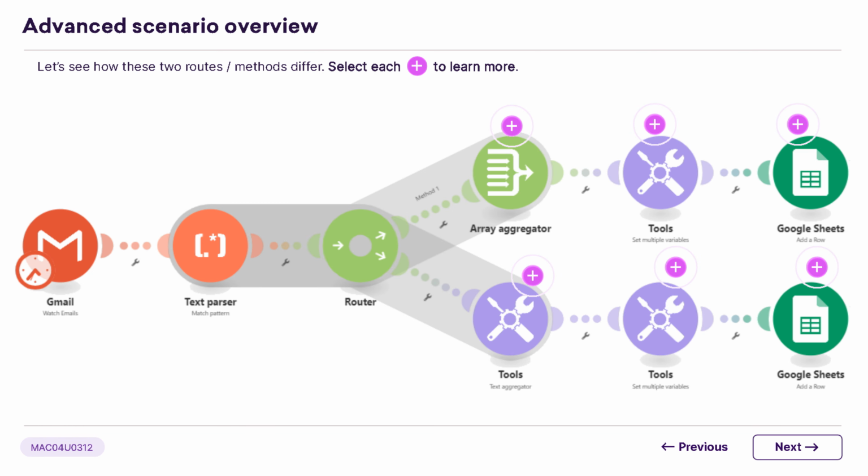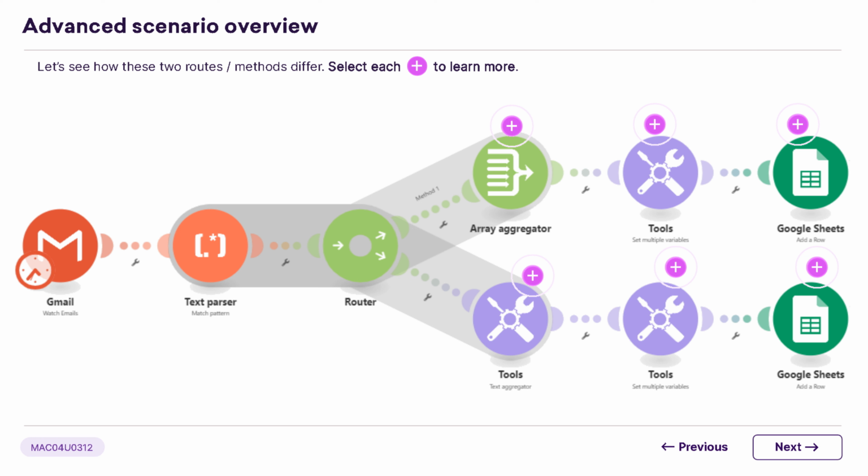In this advanced scenario, we're diving into two distinct methods to manage and interpret complex data through different routes. The goal is to efficiently extract information even when it's not organized in the way you might expect. As we explore these methods, you'll notice they each offer unique approaches to processing email data.